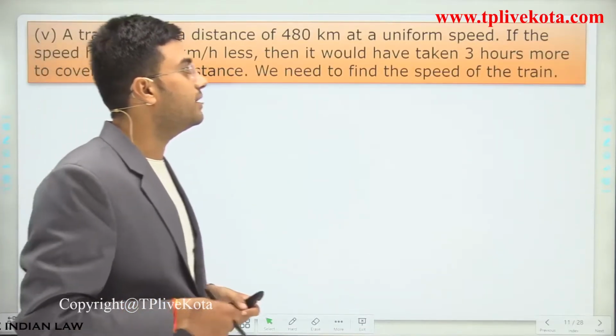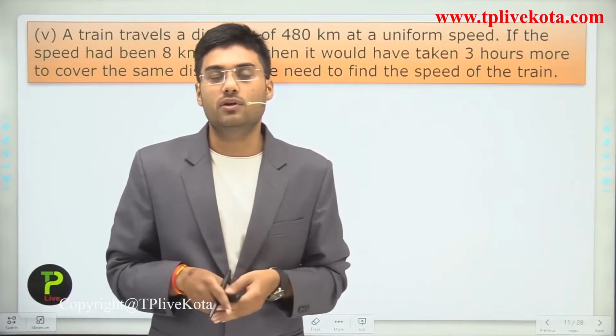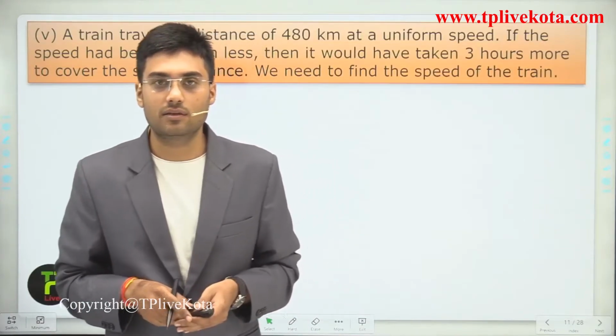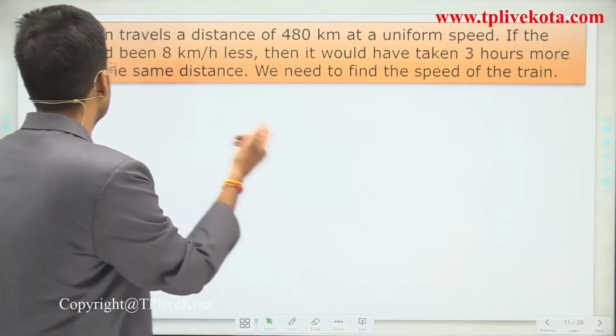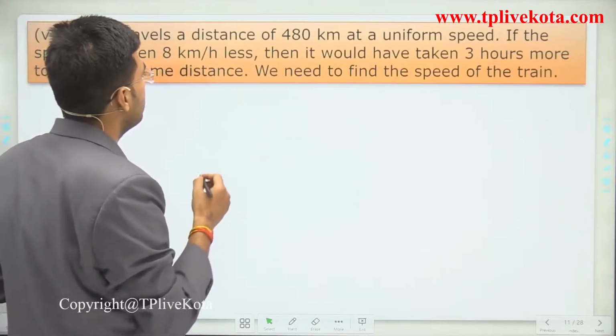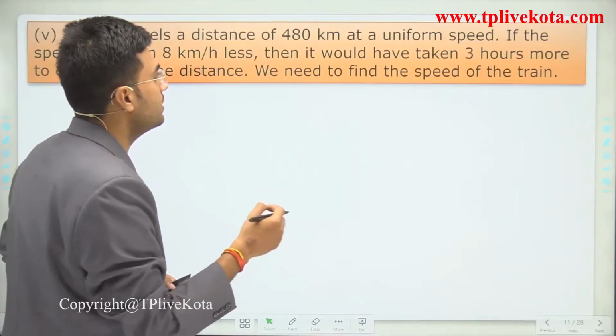We need to find the speed of the train. So we can use quadratic equations in questions of time and distance. Now, a train travels a distance of 480 km at a uniform speed.